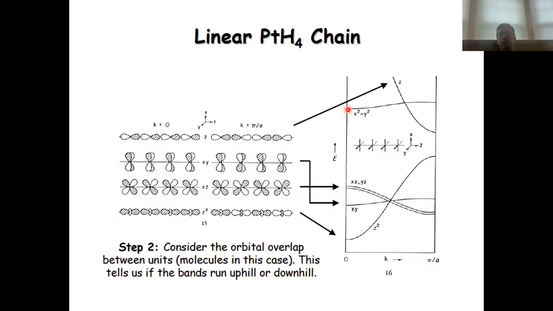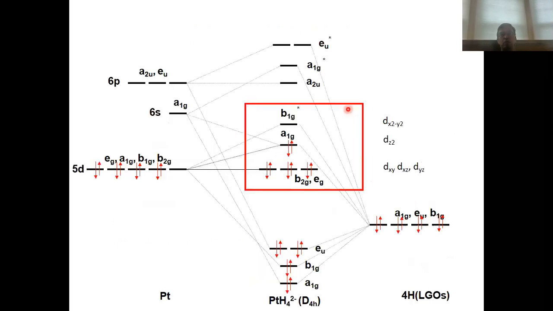Now you see this band here, and you see that this band is energetically much higher than the band for the dxy. And that is because, as we see here, the dx square minus y square orbital is considered to be interbonding, and therefore energetically considerably higher than the dxy here.